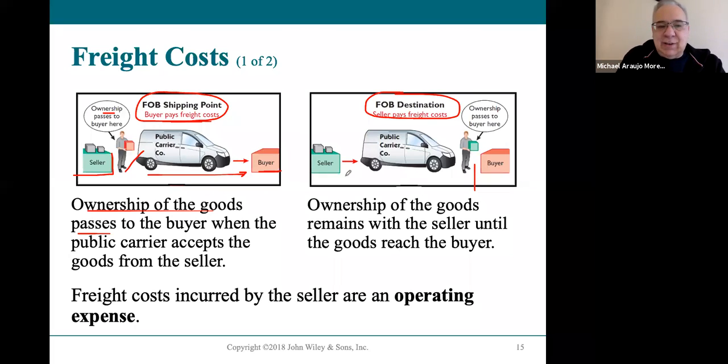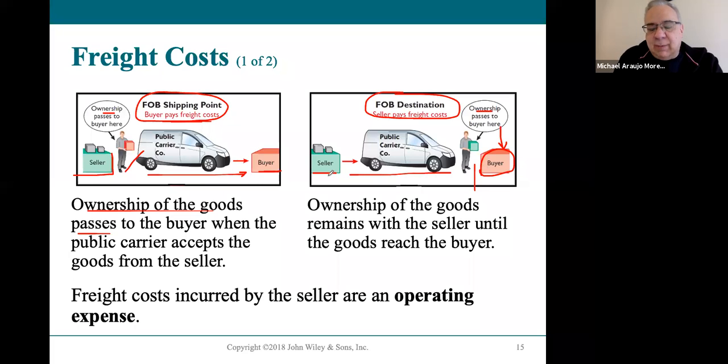So in our example, PW Audio would box up the circuit boards and put it on a carrier. That carrier would be traveling all the way from Michigan to Illinois to deliver the box to the address of the buyer.